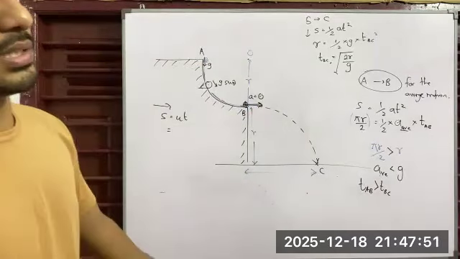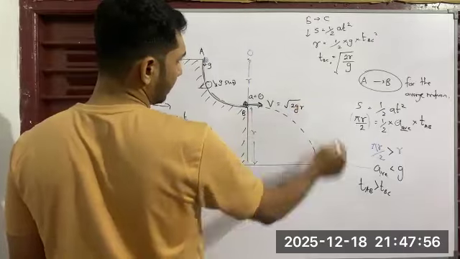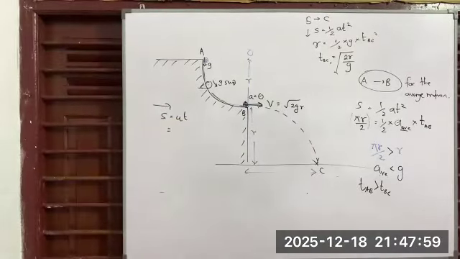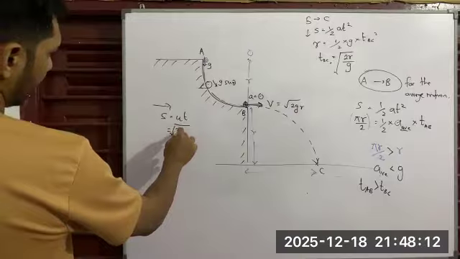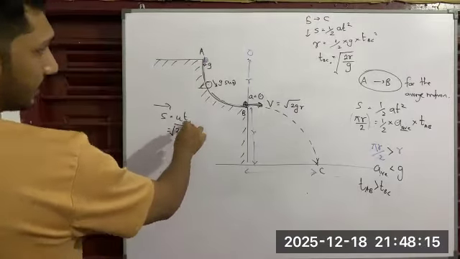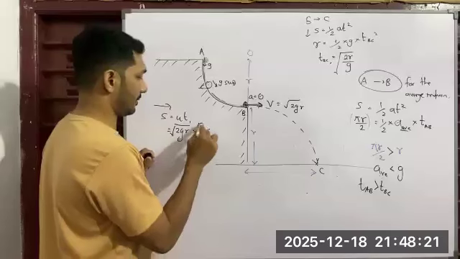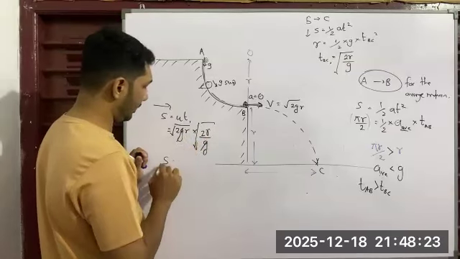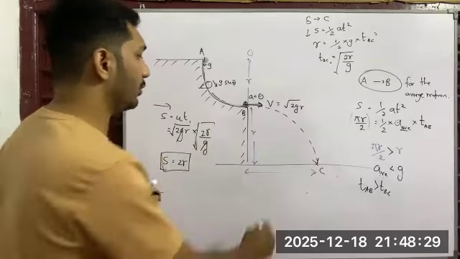If you use law of conservation of energy, V is equal to square root of 2gr, if the vertical height is r. Do you agree with me? Yes, here root 2gr. And time is square root of 2r by g. g chopped off. If you calculate, it will be 2r.